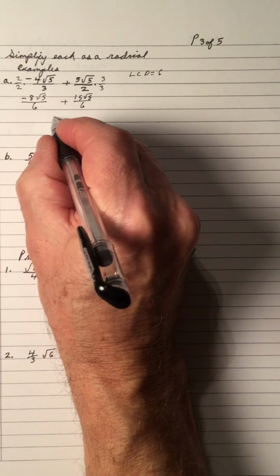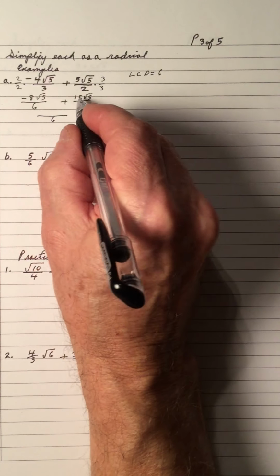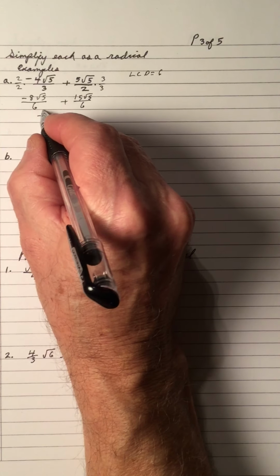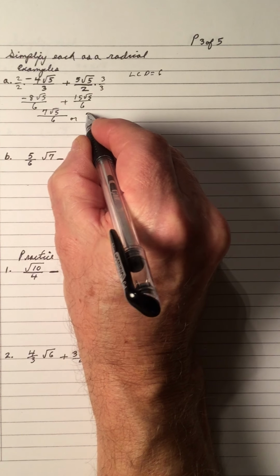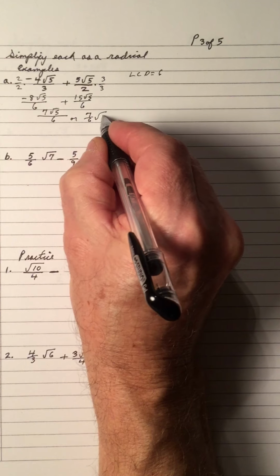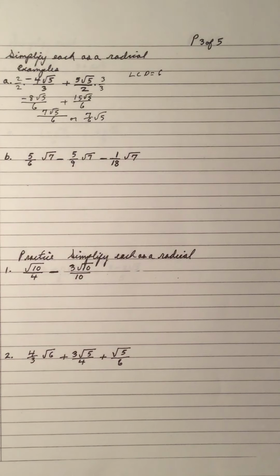I have a common denominator of 6, and negative 8 plus 15 is 7 root 5, or we could have 7 over 6 root 5, your choice.